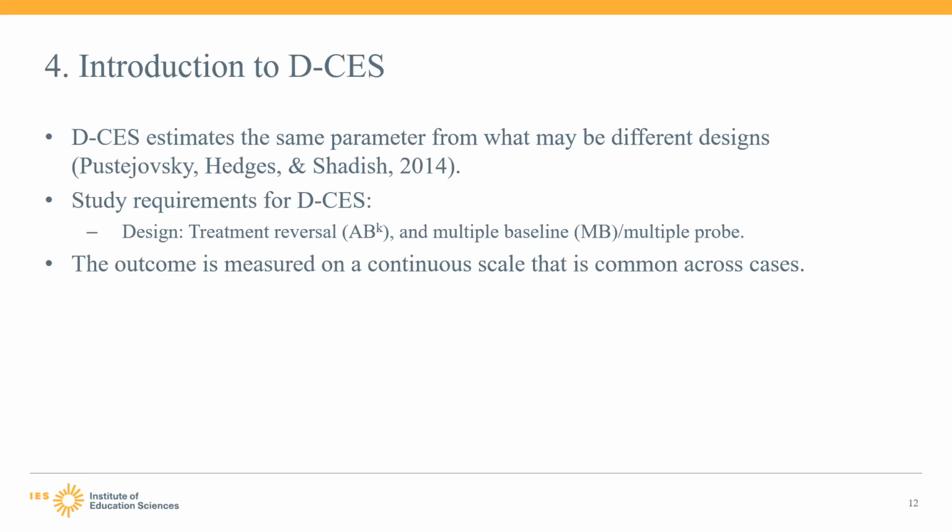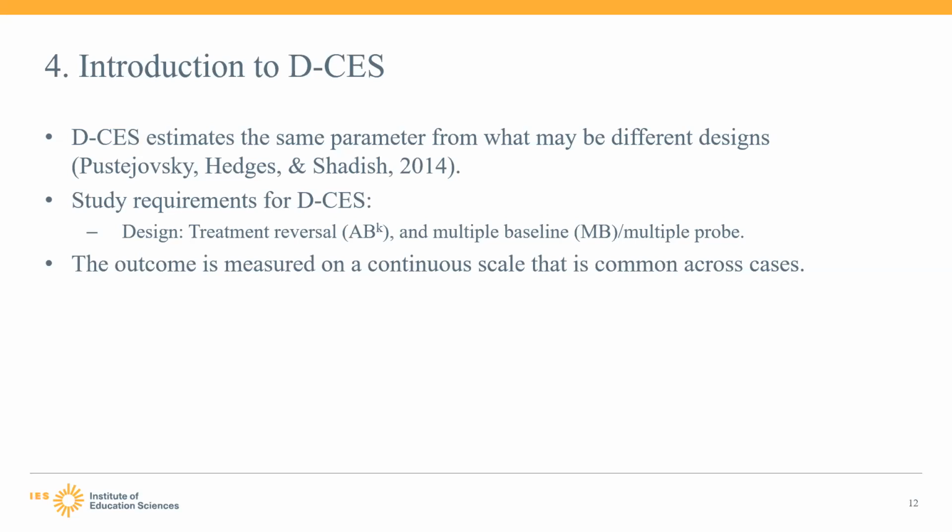Hedges and his colleagues proposed a design comparable effect size for single case design research. This was also called the HPS estimator. They used a hierarchical linear modeling framework to define a d-type effect size index and explicitly demonstrated its equivalence to Cohen's d from a between subject randomized experiment.